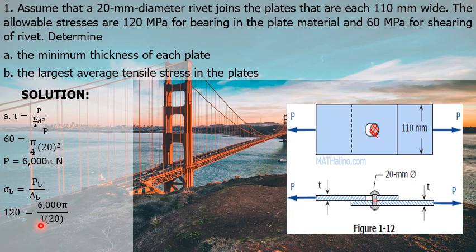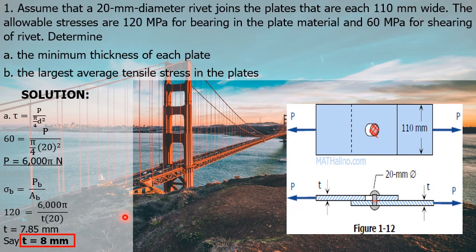Cross multiplying, T is equal to 6,000 pi all over 120 times 20. T is equal to 7.85 millimeters. Say T is equal to 8 millimeters. We round up to the nearest whole number.